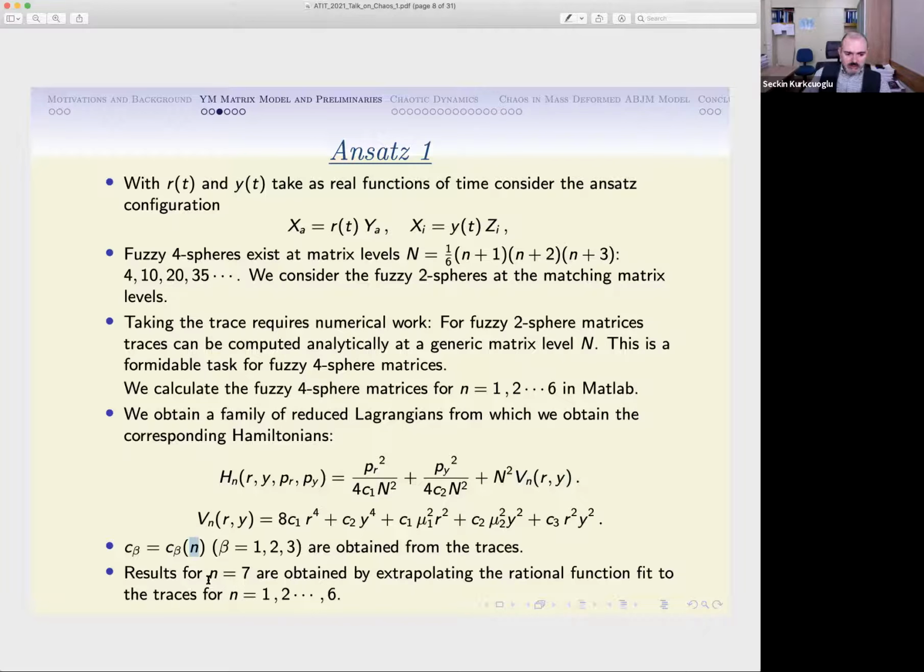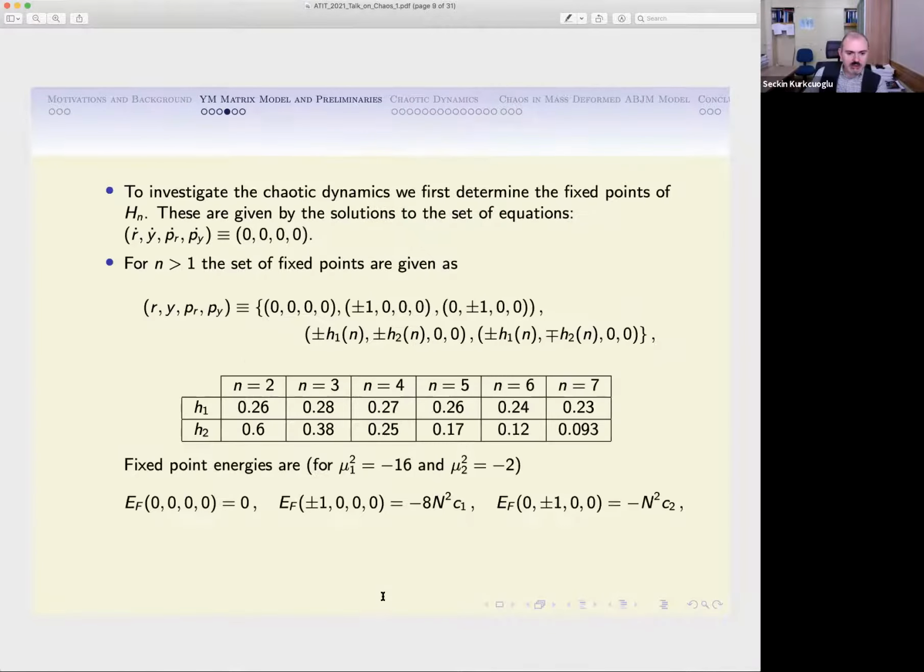We have also looked into the n equals 7 case by extrapolating these results for the coefficients C, using a rational function to fit the traces of the first 6 cases. I will also display the results of the n equals 7 case, which are kind of different.